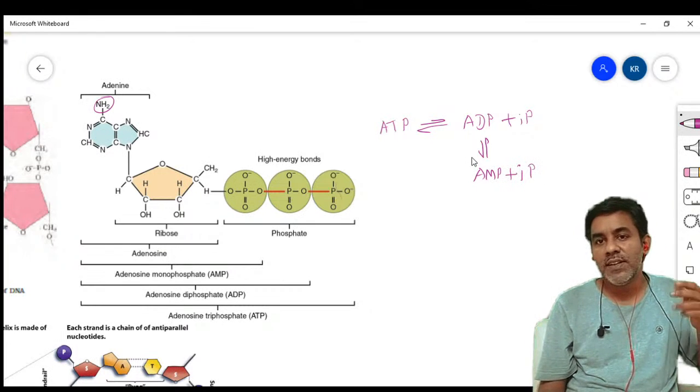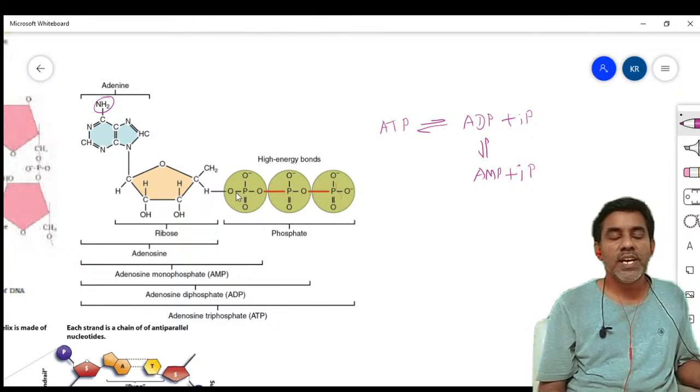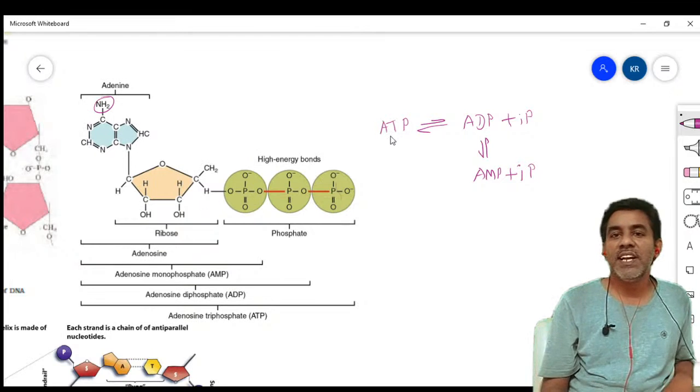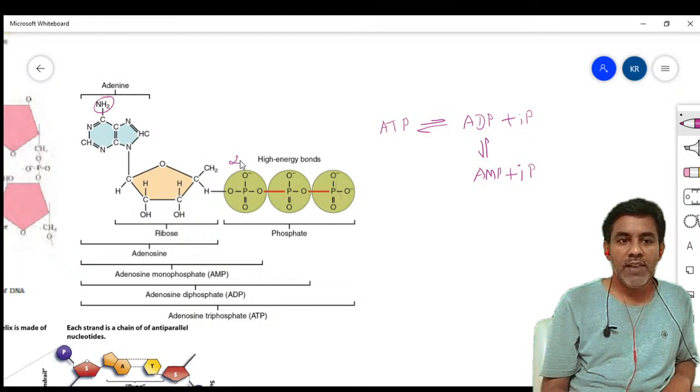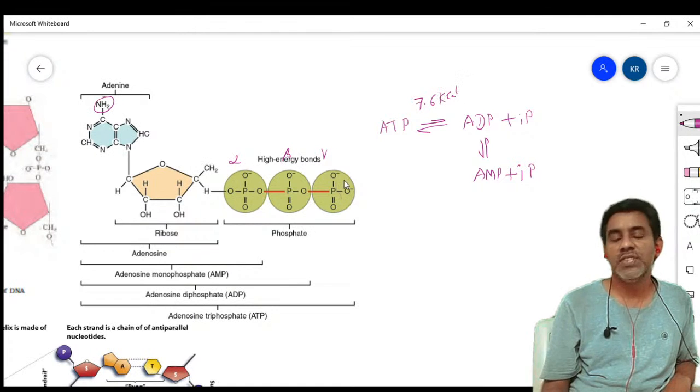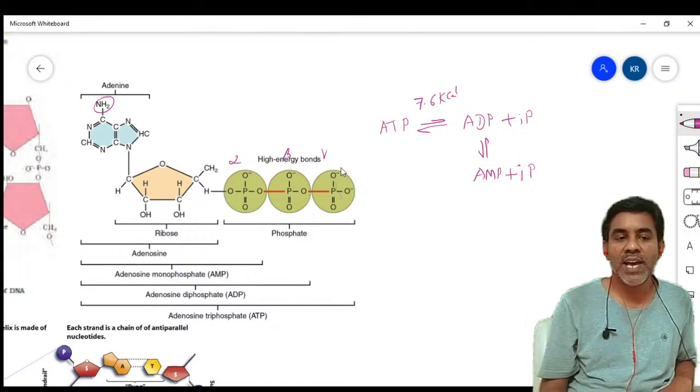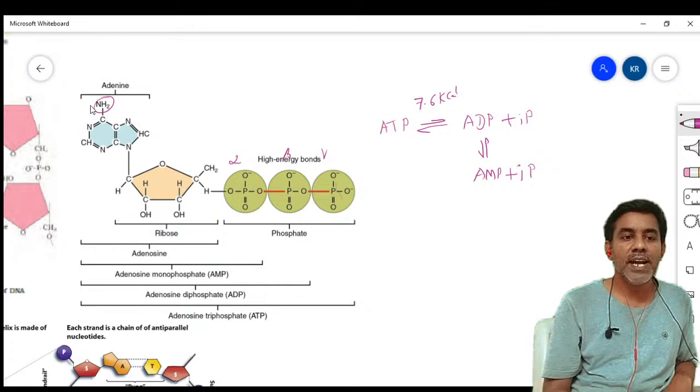In ATP, the energy currency of the cell, 3 phosphate moieties are present: alpha, beta, gamma. When you break off one phosphate molecule, you get 7.6 kilocalories of energy. Here is the phosphate moiety, the ribose sugar and the nitrogen base.